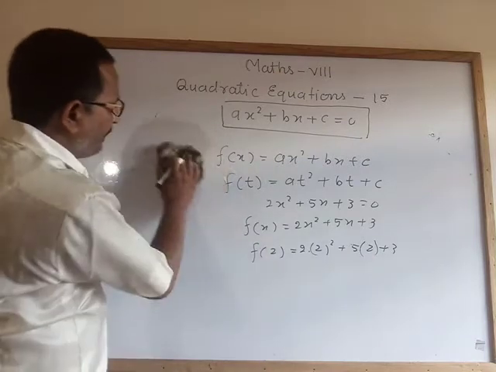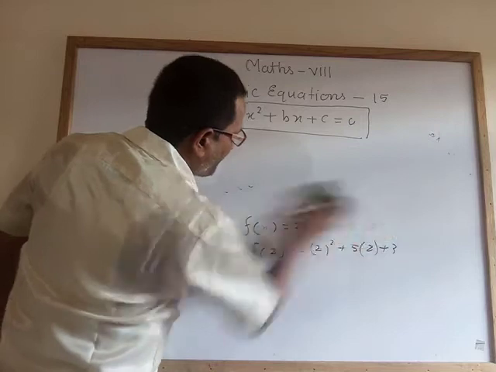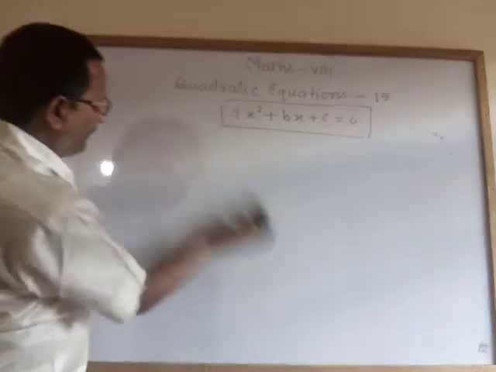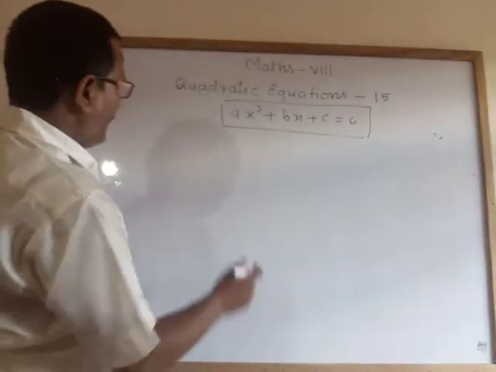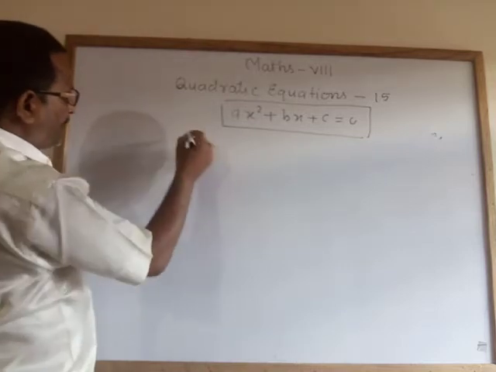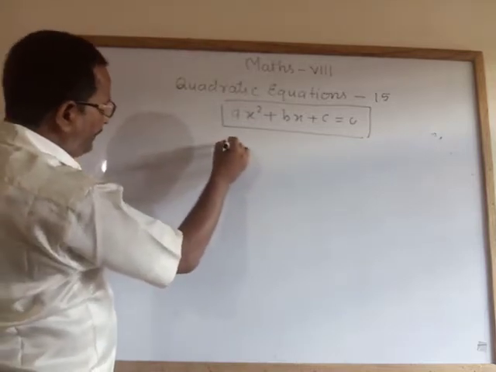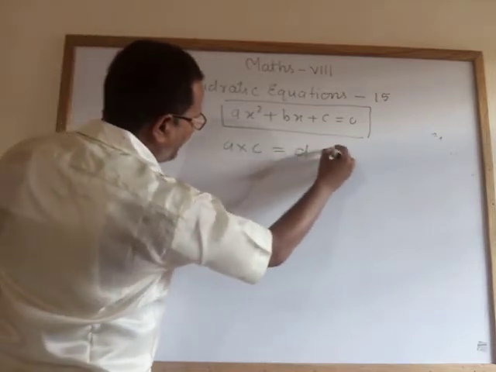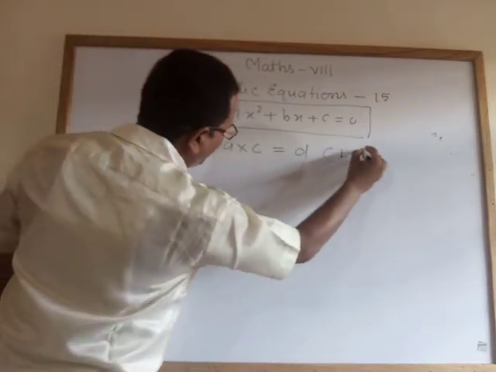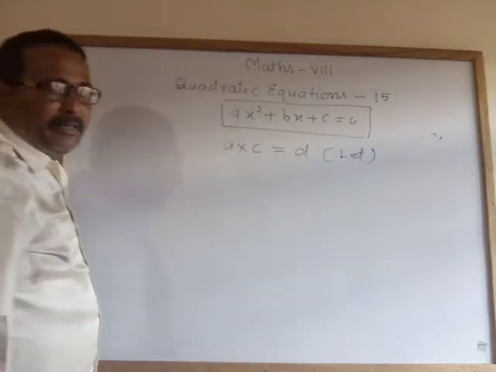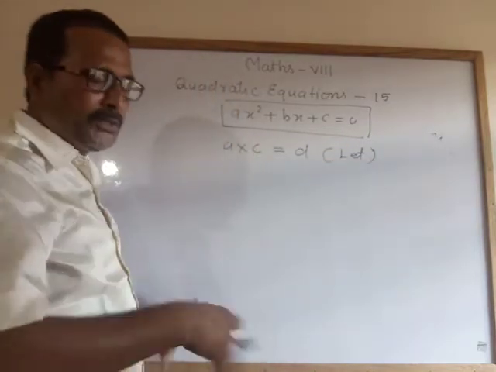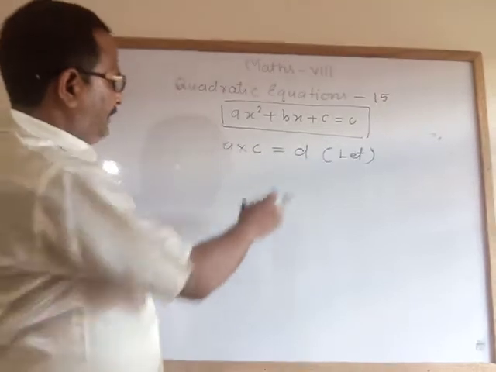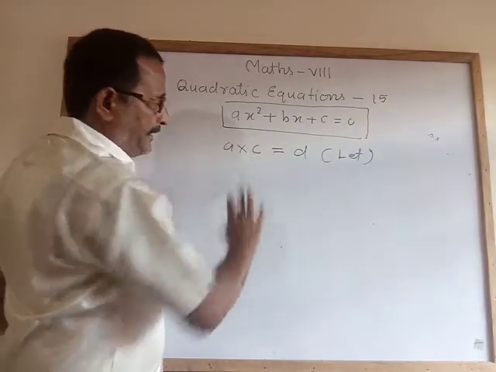So what is the method of solving the quadratic equation? See, I am going to explain the rule. First you find a into c, suppose that is d. You multiply a into c so that something will come, and I suppose this is d.